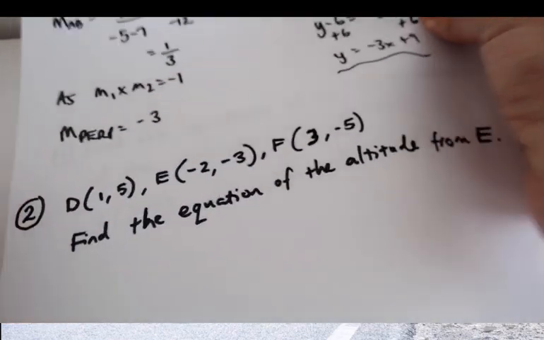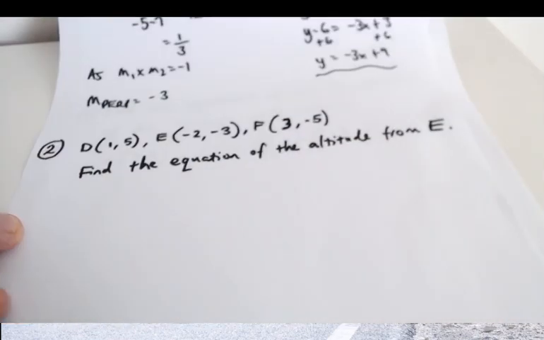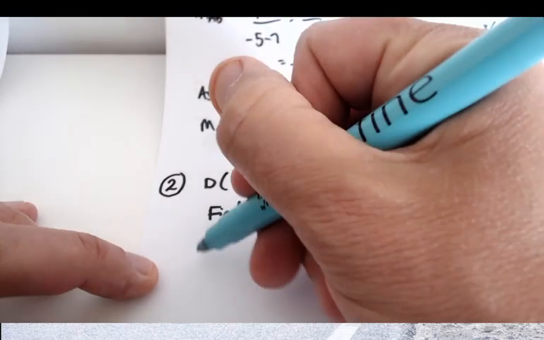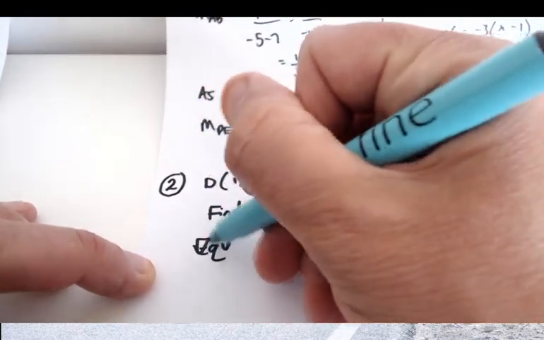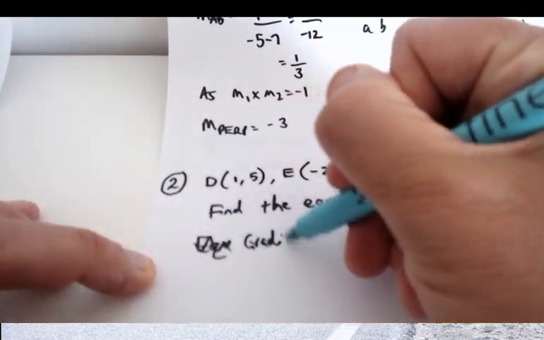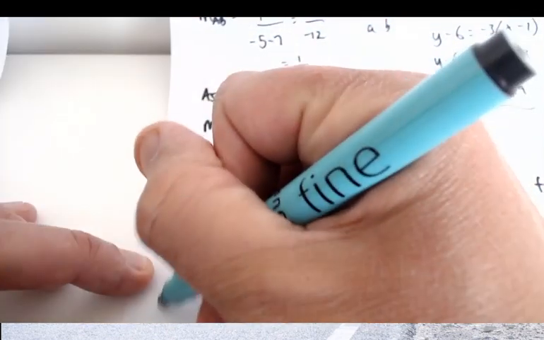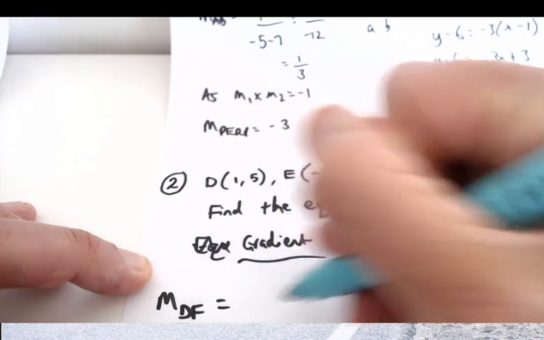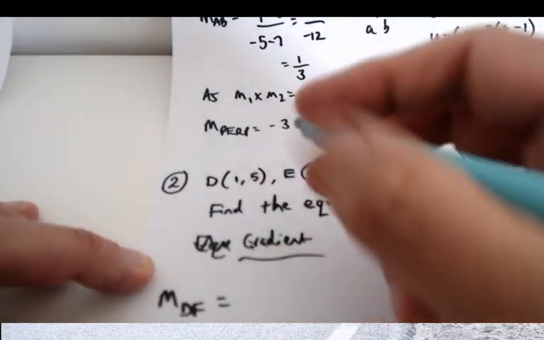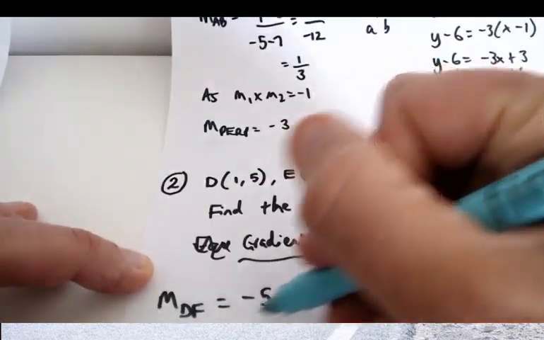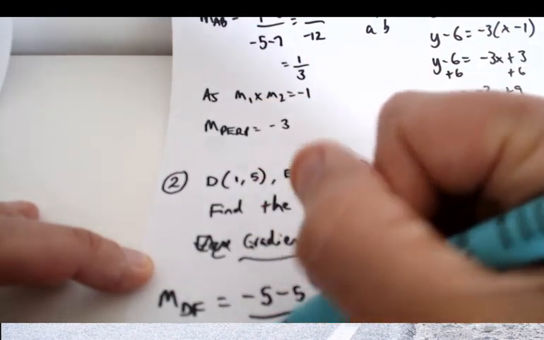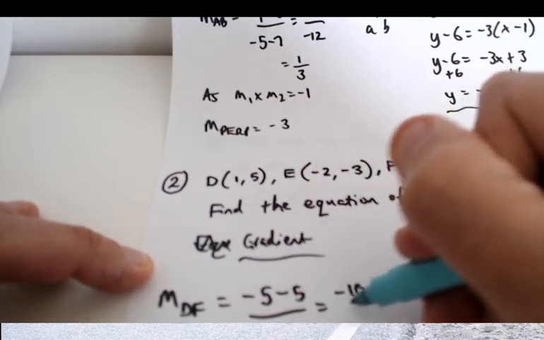We want the equation of the altitude from E. So we want the gradient of the opposite side. So the opposite side from E must be DF. So that's going to be minus 5 take away 5, 3 take away 1, which will give me minus 10 over 2.